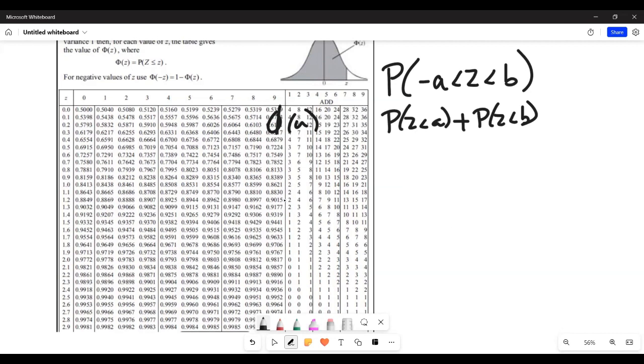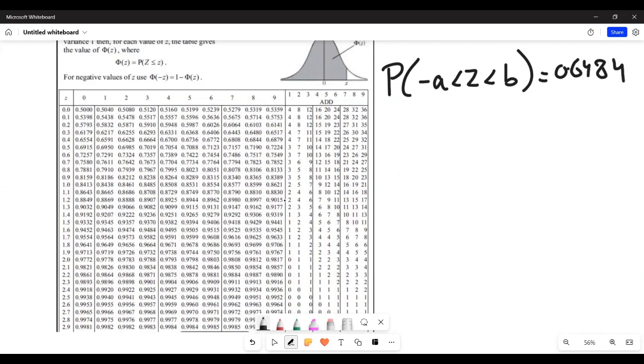So let's see, if this value is equal to 0.6484, then what will you do?